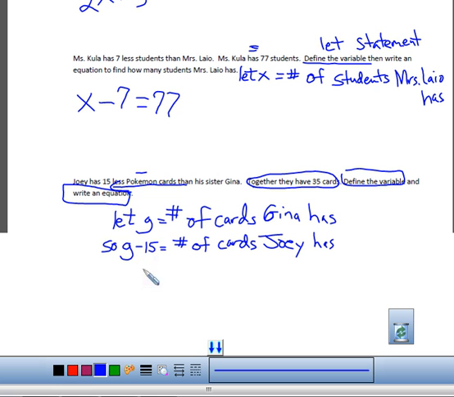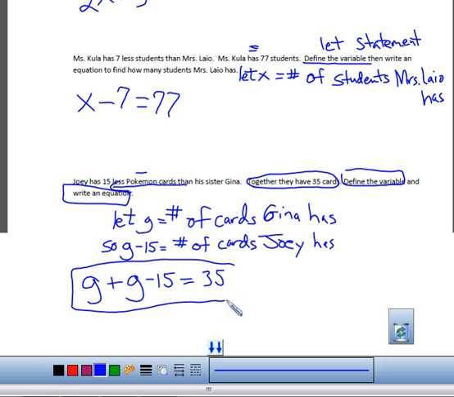So together they have 35. So I'm going to do G plus G minus 15 equals 35. There's my equation. Here's my let statements. I had a double let statement this time because there were two things I was trying to find.